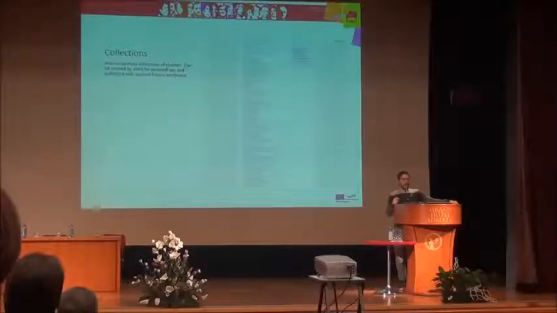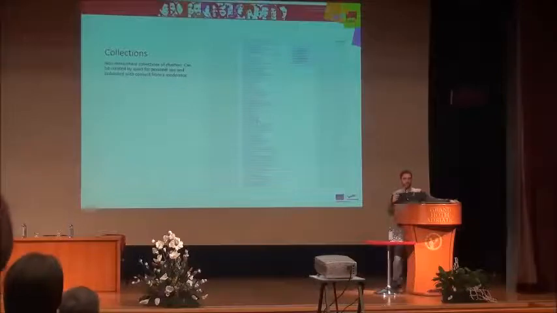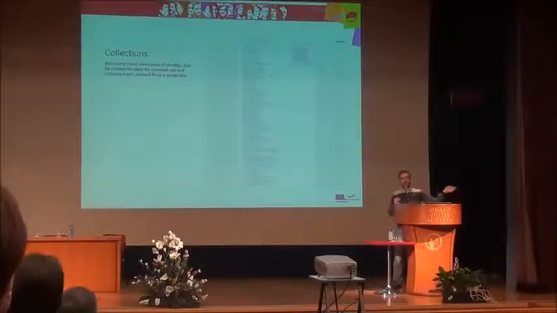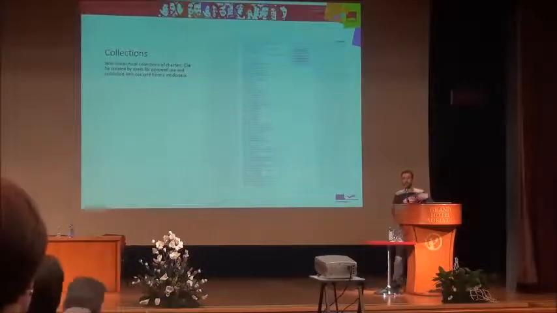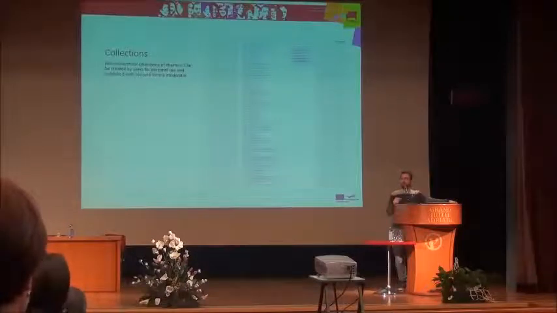But one thing that is a little bit different: I already told you, we can make collections of charters that are in different archives and combine them to, for instance, create a collection regarding charters of a certain monastic order or a certain country or city.